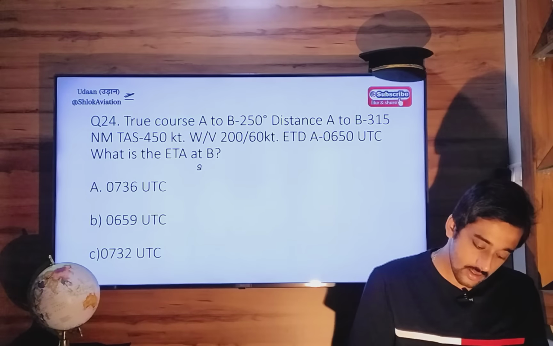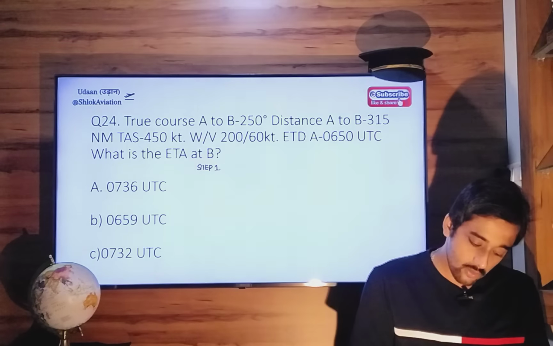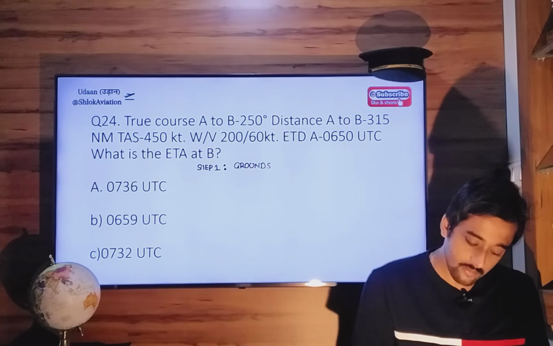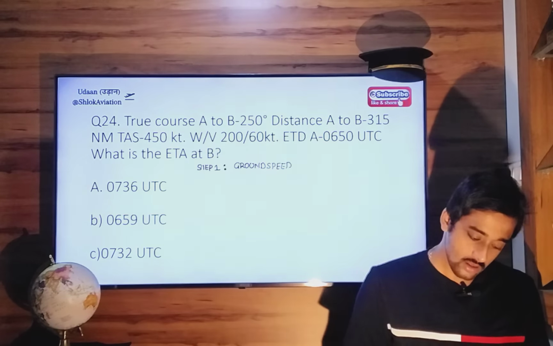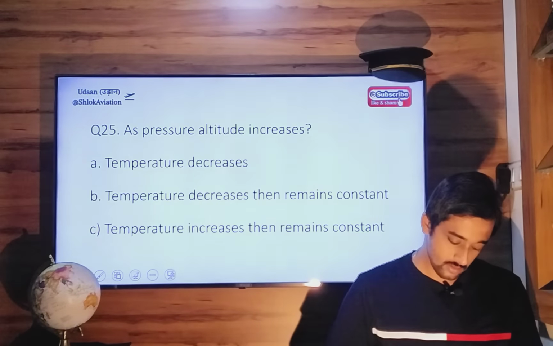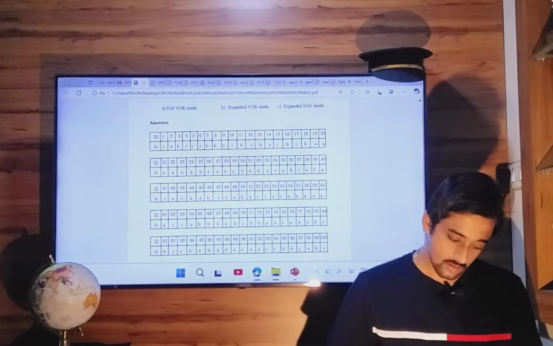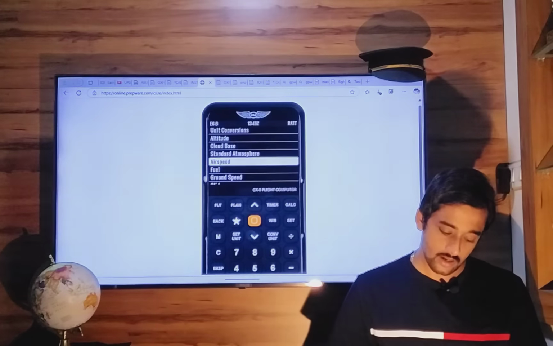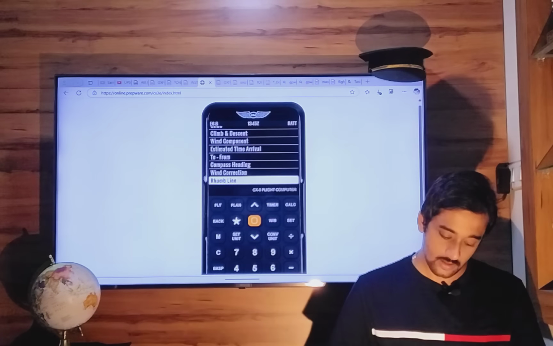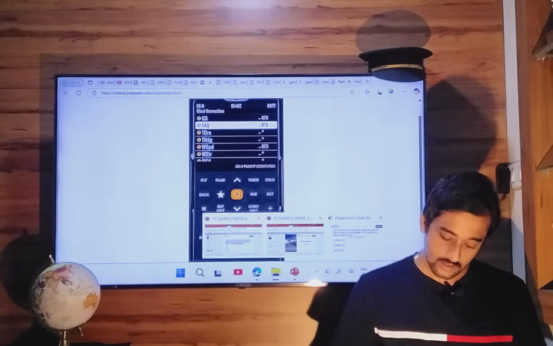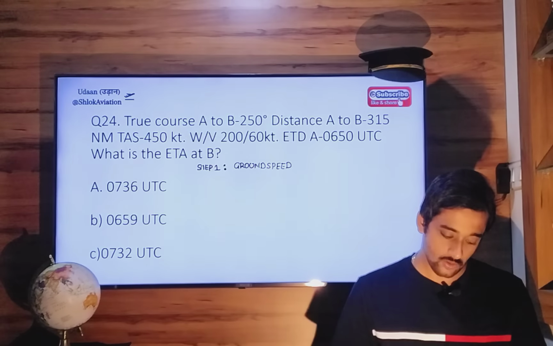So step 1, ground speed. Use CX3. Okay, so go to wind correction option. True airspeed is 450.